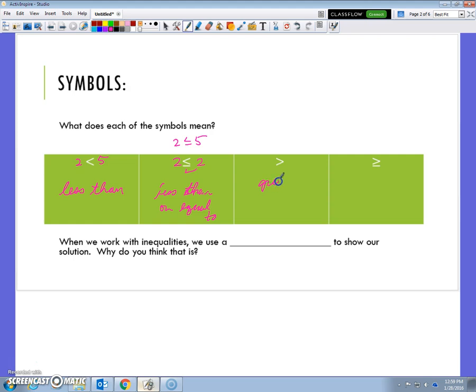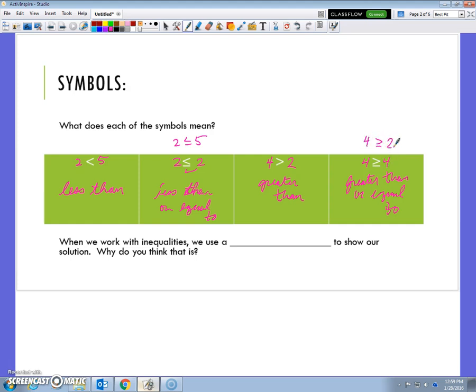This is a greater than sign. You might have something like 4 is greater than 2. And this is a greater than or equal to sign. And you could have 4 is greater than or equal to 4, or, like I said, 4 is greater than or equal to 2.